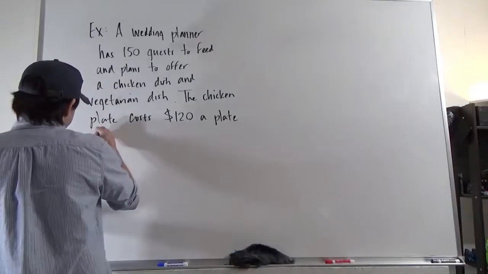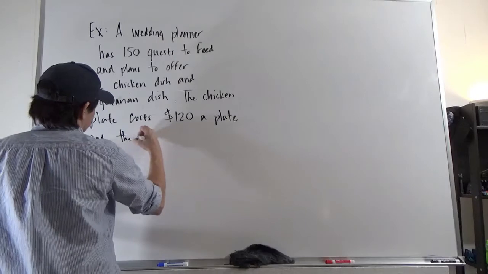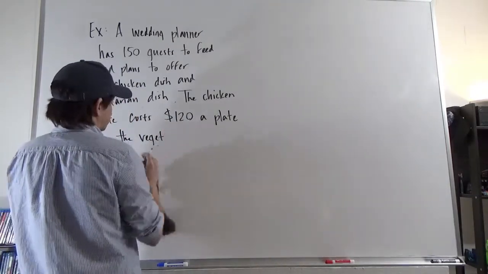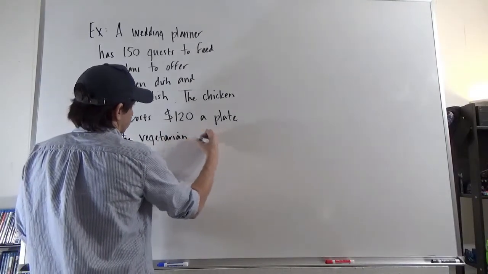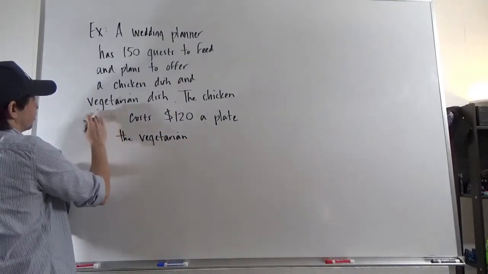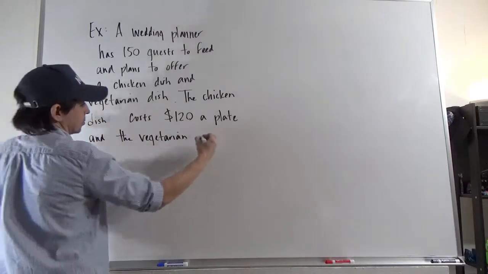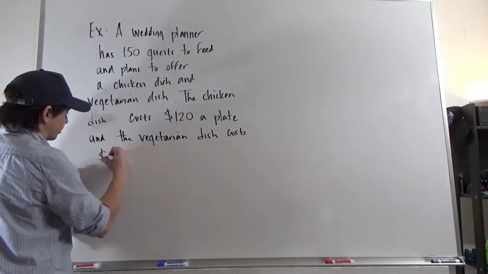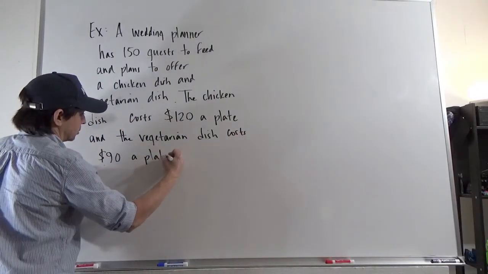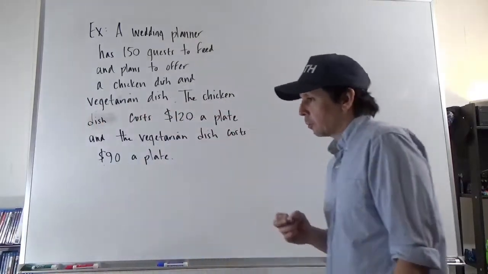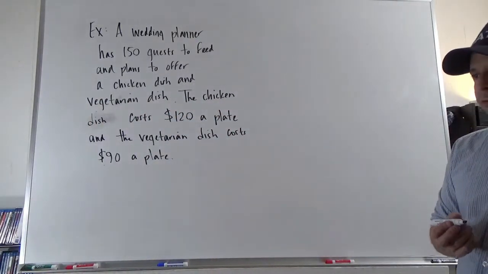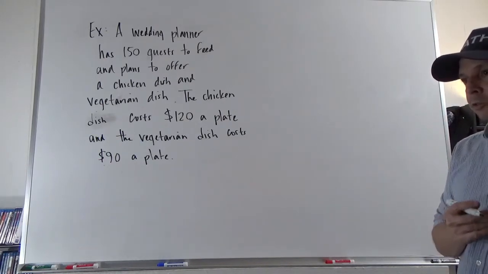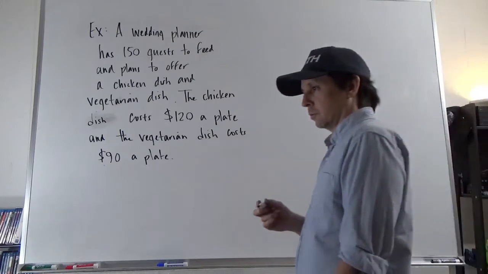And the vegetarian plate, I meant dish here, costs $90 a plate. When you add up all those costs, it's going to be quite expensive just to feed your 150 guests. It's a pretty big wedding. It's pretty much average cost of wedding catering, from my understanding at least.